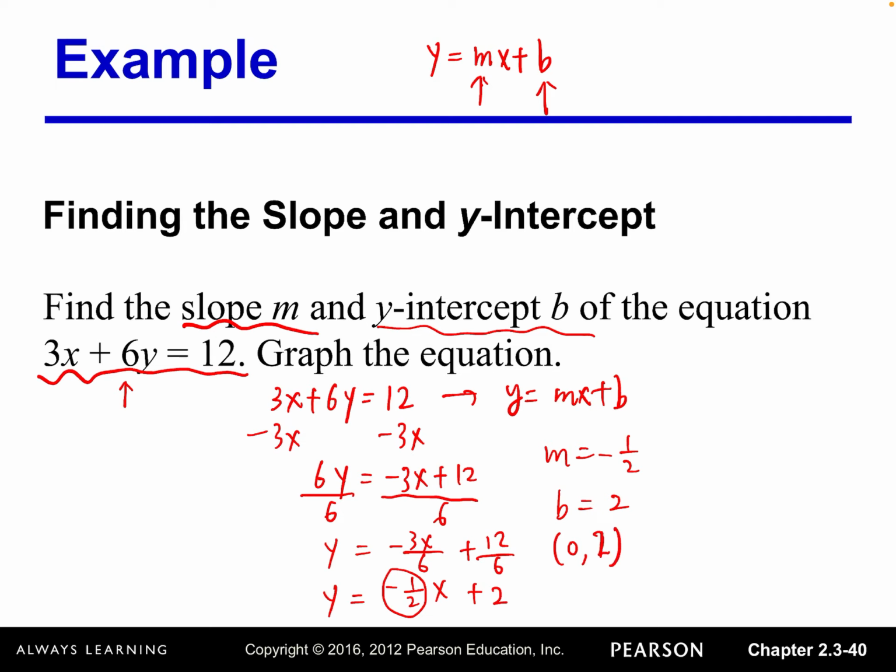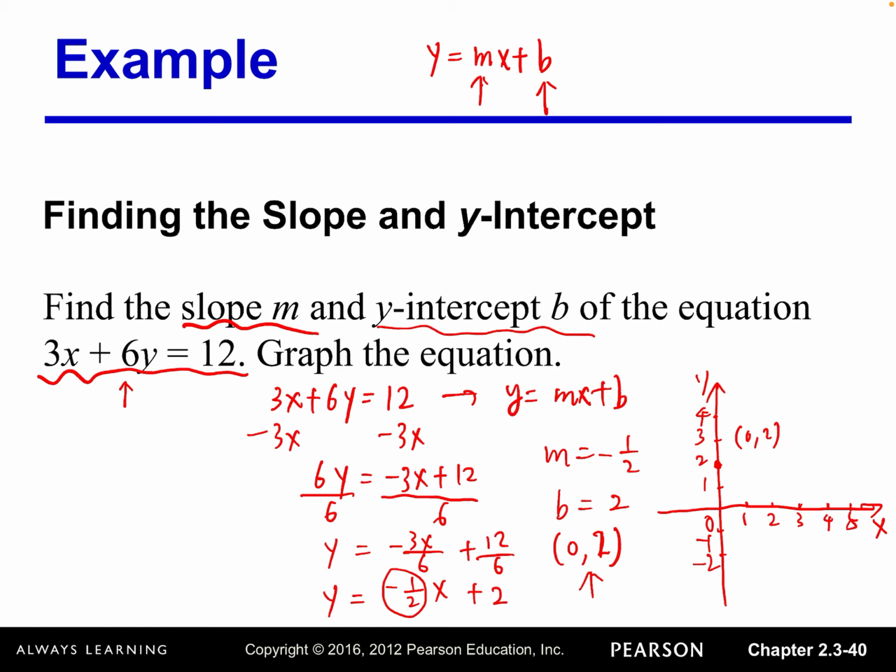So now we can graph. Set up a rectangular coordinate system, x-axis, y-axis, the origin (0, 0). Put a scale. All right, so first we can plot the y-intercept (0, 2) right here.